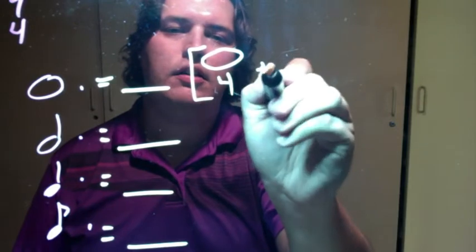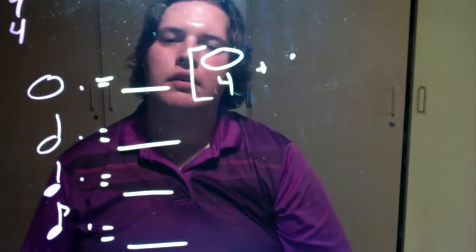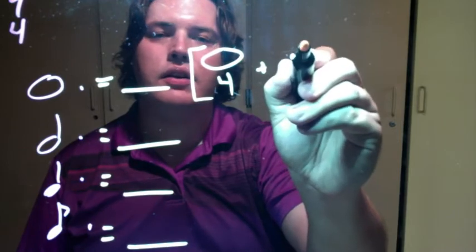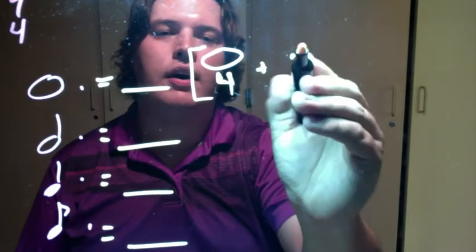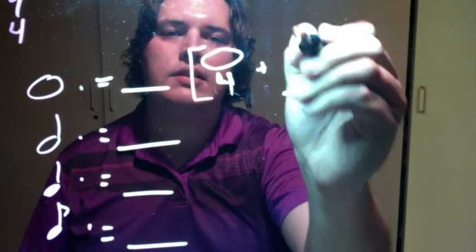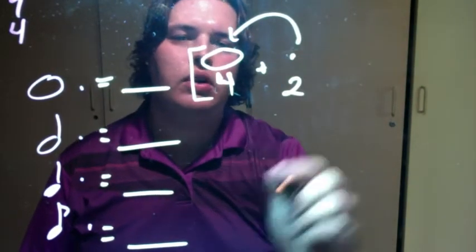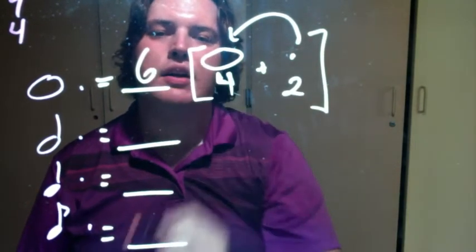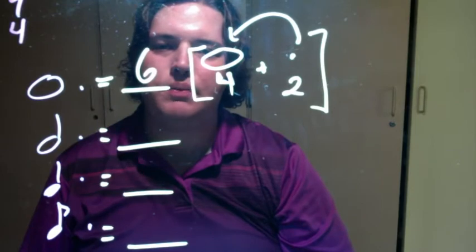And then the dot, I said earlier, equals half of the value. So the dot is half of the whole note, which means I'm adding 4 and 2 together, which means a dotted whole note is 6 beats.